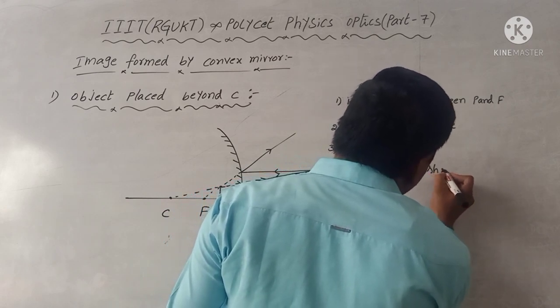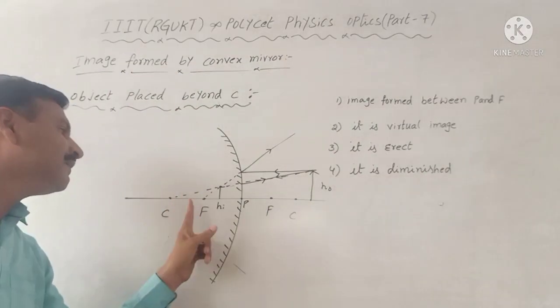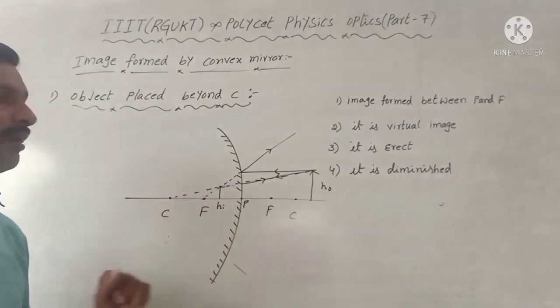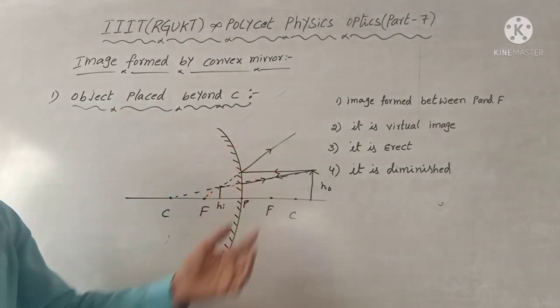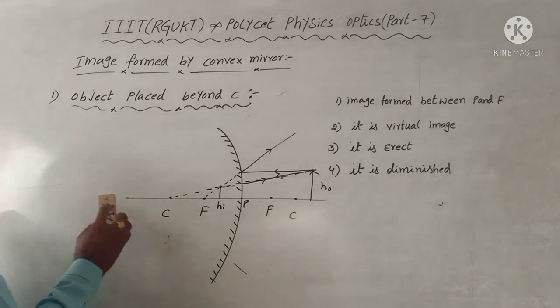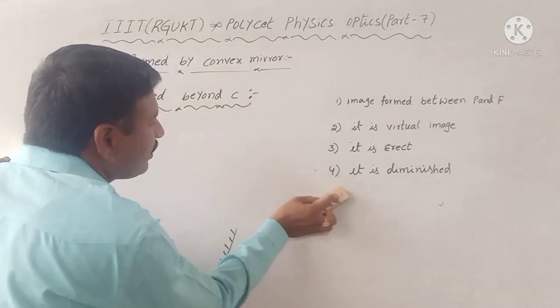Diminished means very small. So the image is formed between P and F. Object placed beyond C. Okay, you understand? Next, object placed at center of curvature.